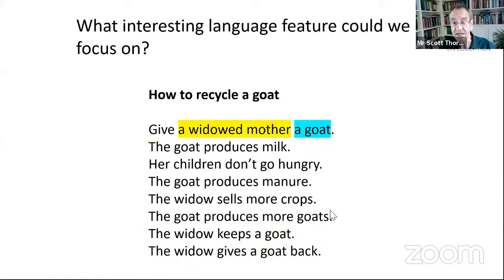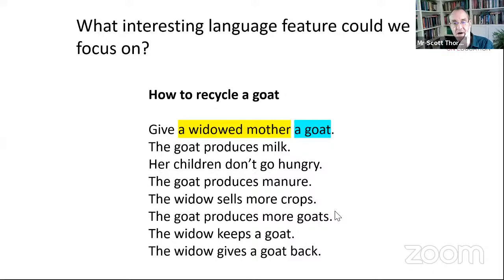But here's another thing. Look at this. What's the grammar here that I'm focusing on? Give a widowed mother a goat. What's interesting about this? It's not to do with the verbs. Well, it is partly, but it's not to do with tenses.